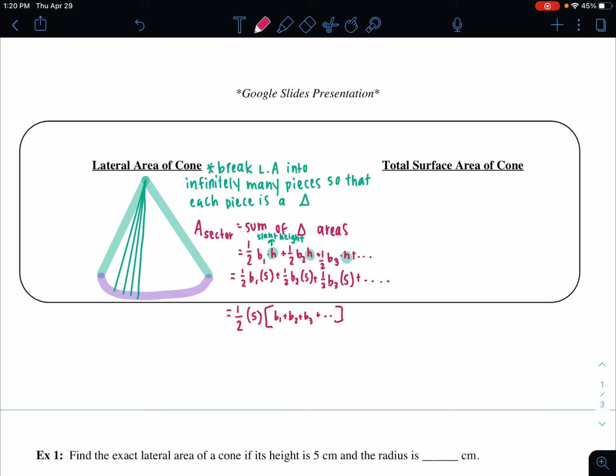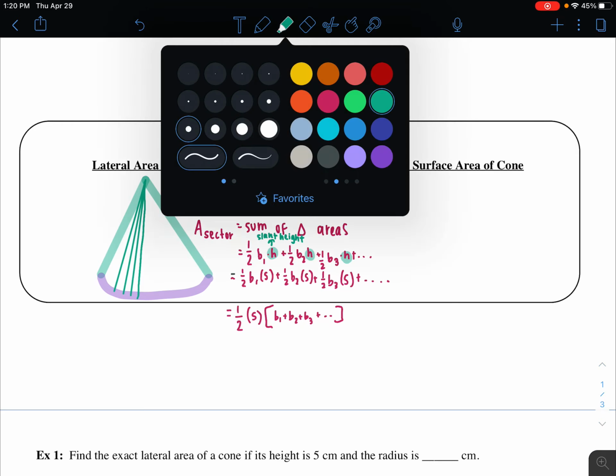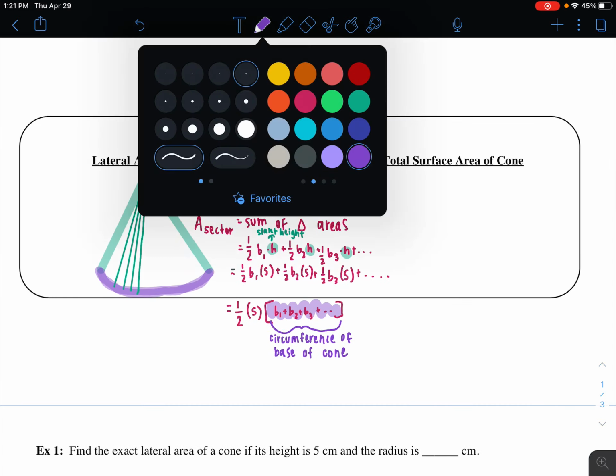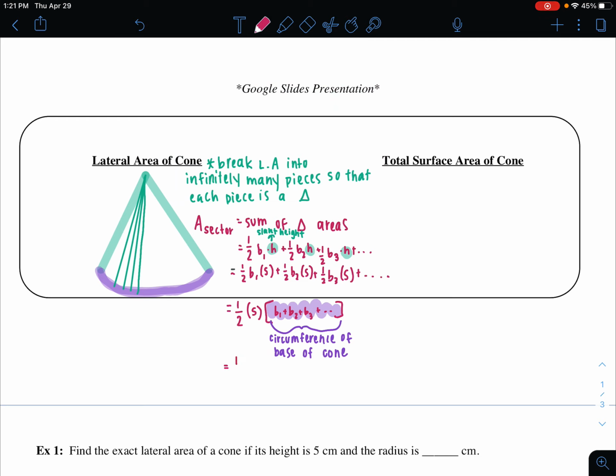What do all those bases added together technically create? Well, if you think about it, all those bases added together is technically the circumference of my cone. So we know our circumference formula is 2 pi r, so we have 1/2 times slant height times 2 pi r.